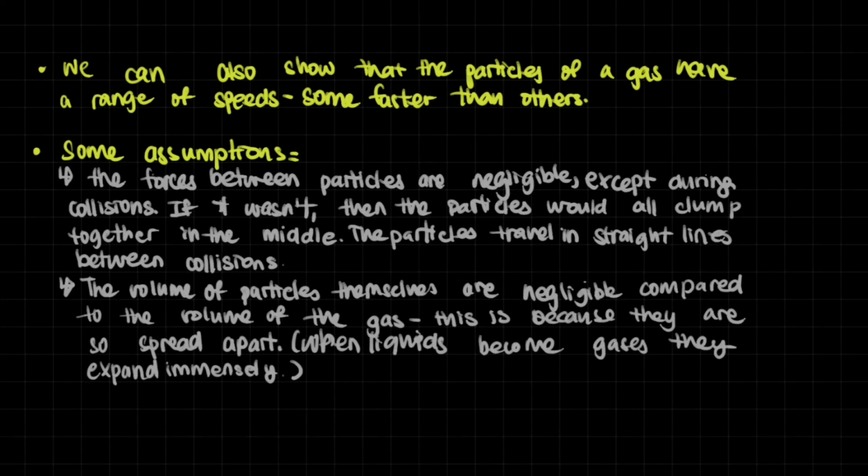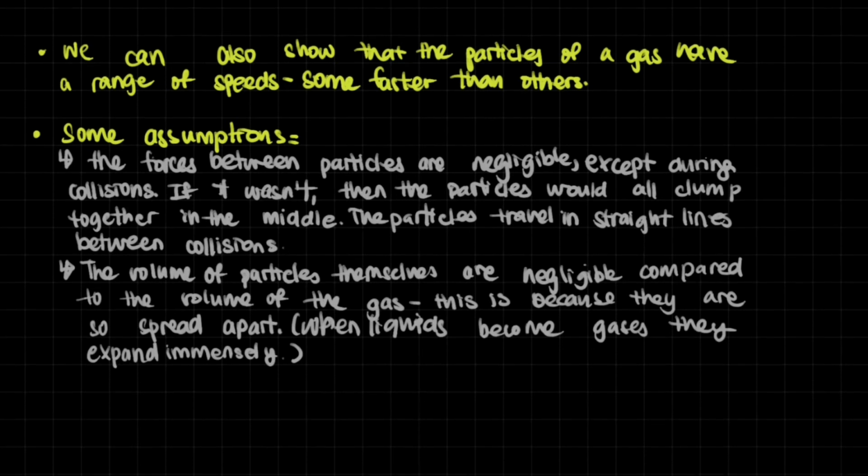They move much more and over much greater distances than their own volumes. We can also get this from when liquids become gases, they expand immensely. And that's how we can tell that the particles really do spread out a lot as they become gases. So we're going to pretend as if the volumes of the particles themselves are zero.